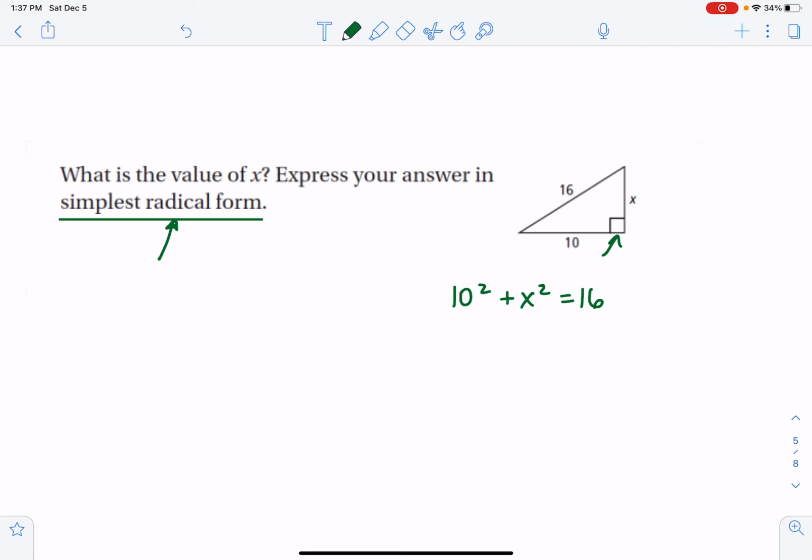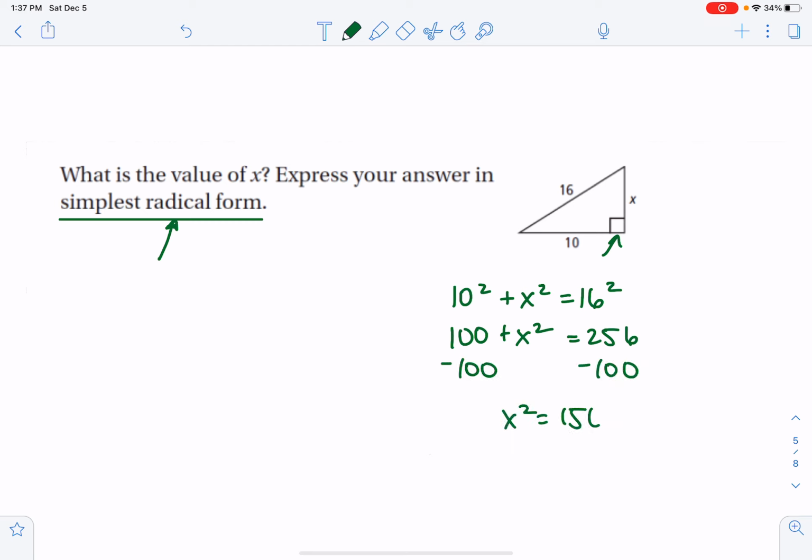So we can do Pythagorean theorem. 100 plus x squared equals 16 squared, which is 256. So when I take the square root of this, x is equal to the square root of 156, that's 12.490.